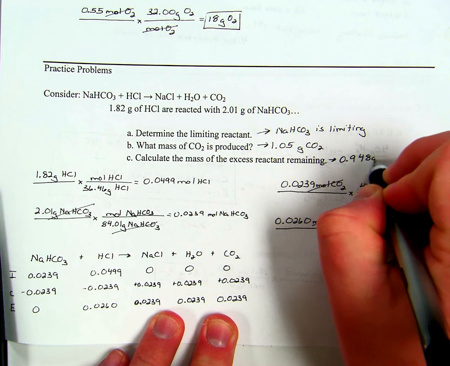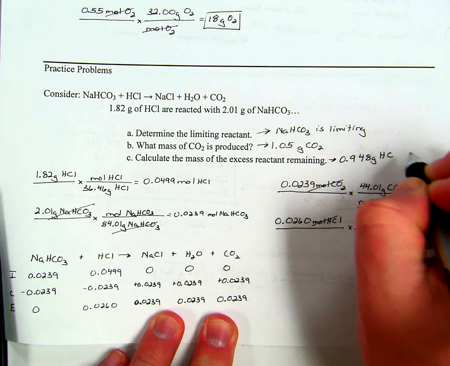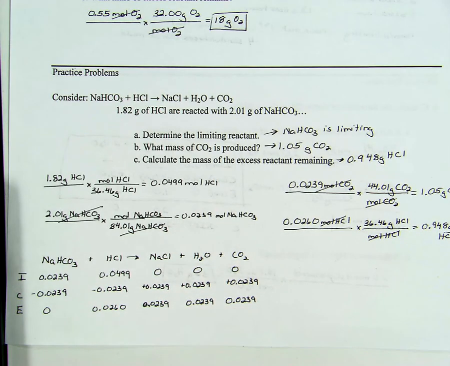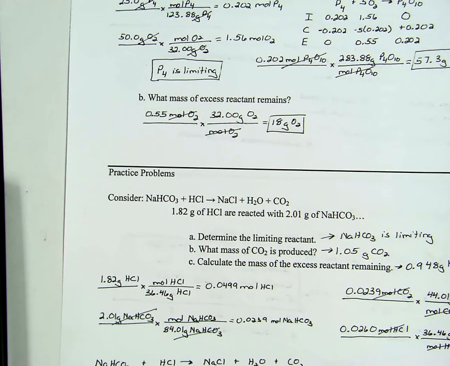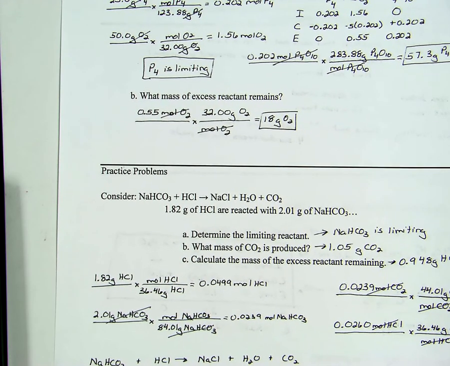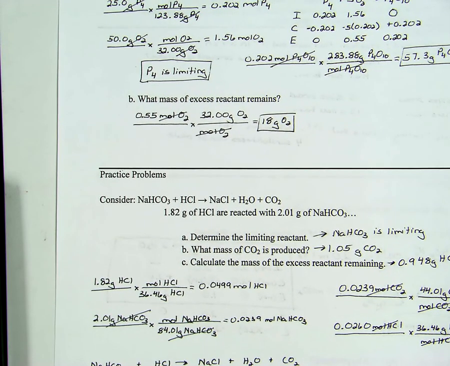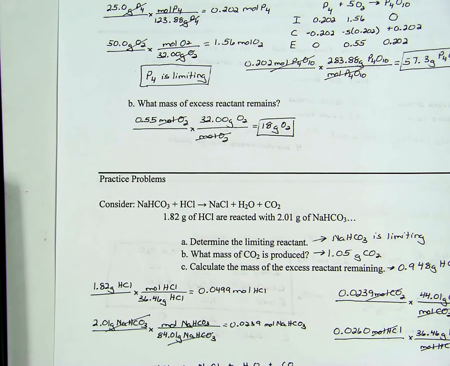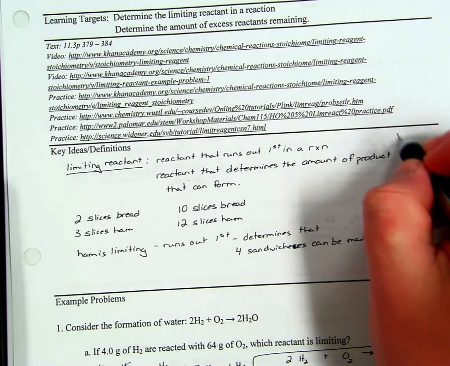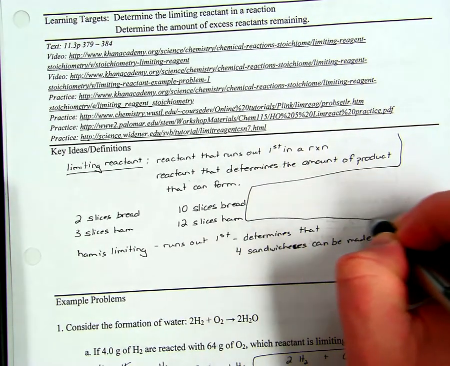Let's see. Just to emphasize some things here that hopefully you picked up on in working the problems. We'll go back to the key ideas. I'll jot them down over here. So all of these calculations in these charts, all those calculations are based on moles.